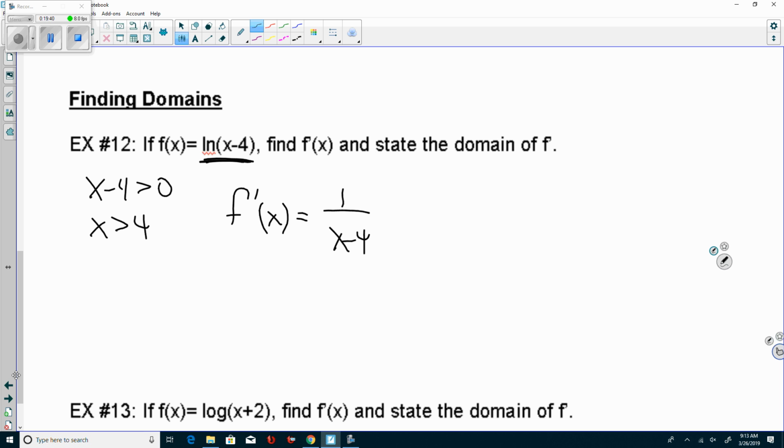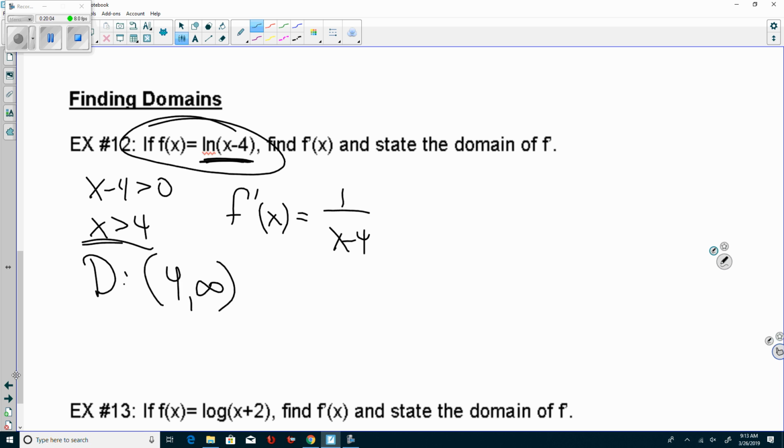So if you just look at the f prime, you're going to say the domain is all values x cannot equal 4, correct? Because that makes it undefined. But you have to take into consideration the original. So therefore, my domain, and if you want to write it as an inequality, that's fine. Or you can write it like that. That's your domain.